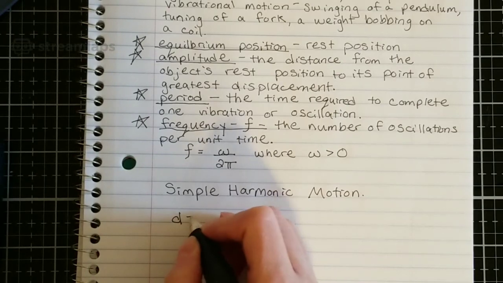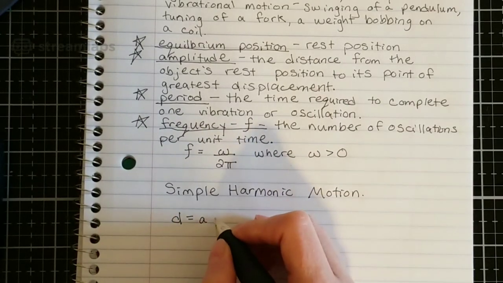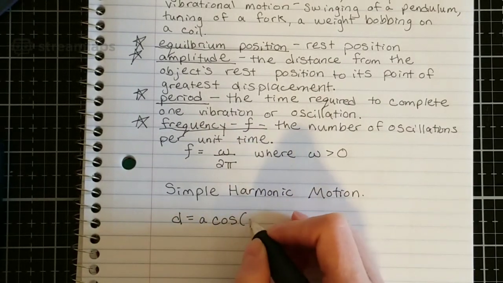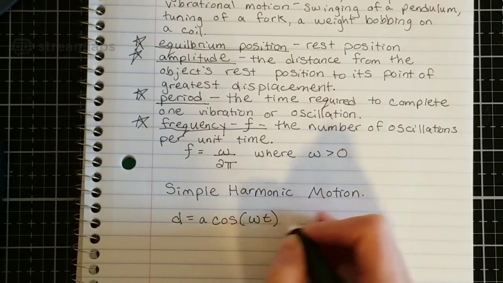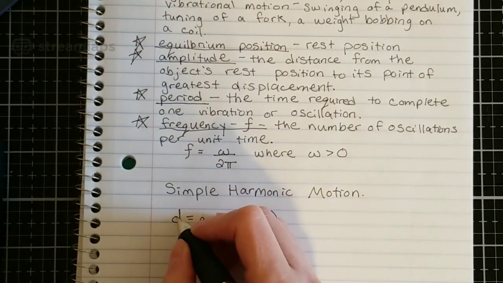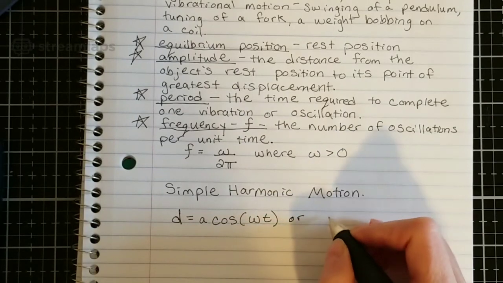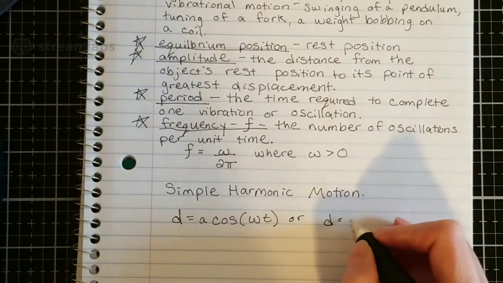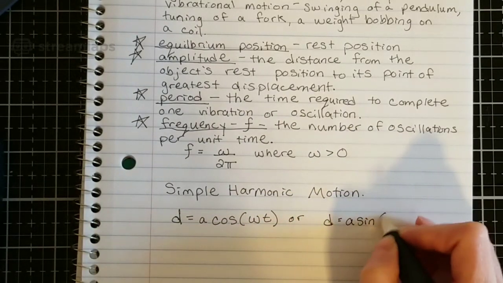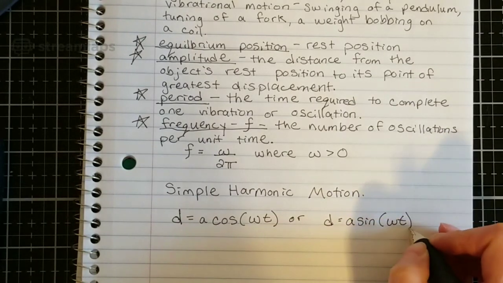So d equals a cos of wt, or you could use d equals a sine of wt.